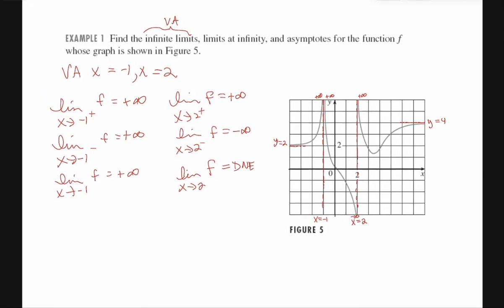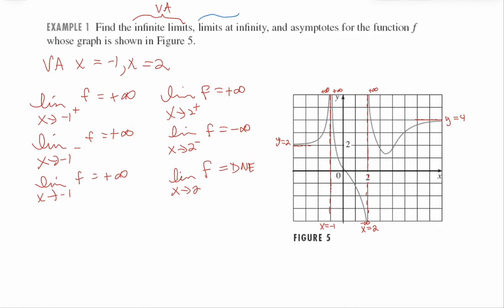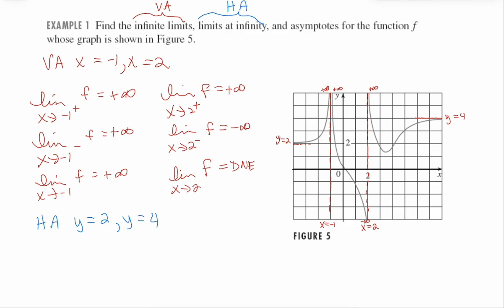Now, limits at infinity is just a fancy way of saying, what is your horizontal asymptote going at? Our horizontal asymptotes occurred at 2 and at 4. The left end we always write as the limit as x goes to negative infinity.